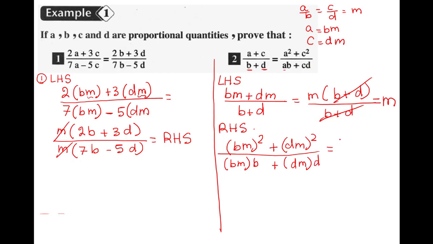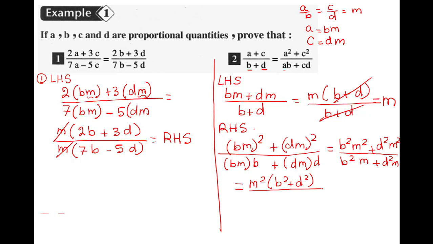Here, this will leave me with B squared M squared plus D squared M squared, over, in my denominator, B squared M plus D squared M. This is equal to, I can take a common factor up as M squared. It will leave me with B squared plus D squared.